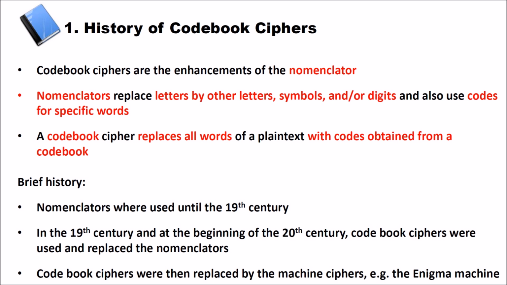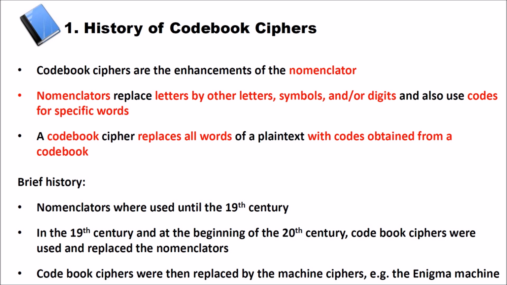And then you have special words, for instance names or places, and these with nomenclators you replace with some other special codes. An example for such a code would be that all codes start with, for instance, the digit 2, and then follows a different number. For instance, the Pope is 213, the King is 256, and so on.